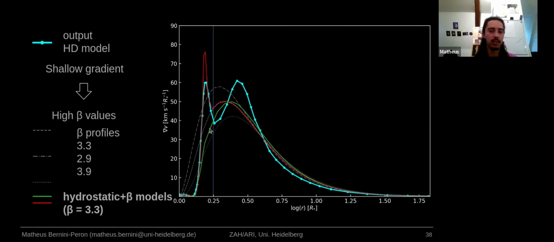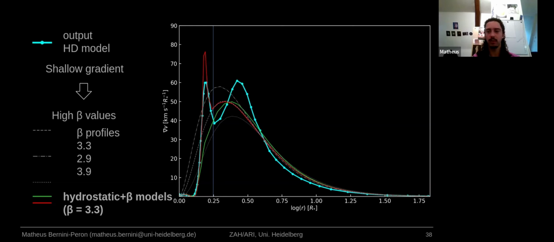A smooth connection, forcing the velocity profile in the photosphere and in the outer wind to connect continuously, doesn't match well. When we compare the spectrum, the red and the blue have a very similar spectrum. So this double bump structure in the velocity gradient is important for reproducing the spectrum of B-hypergiants and their stellar structure in general.